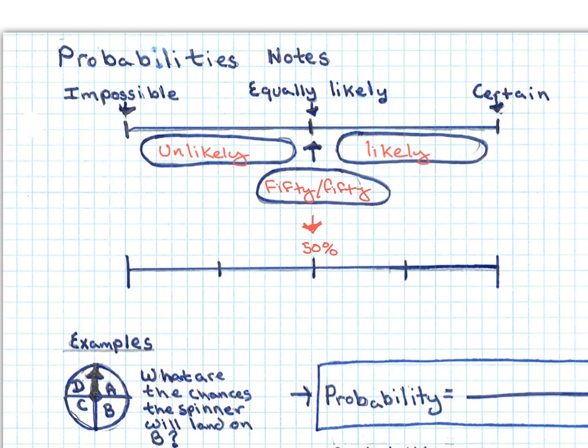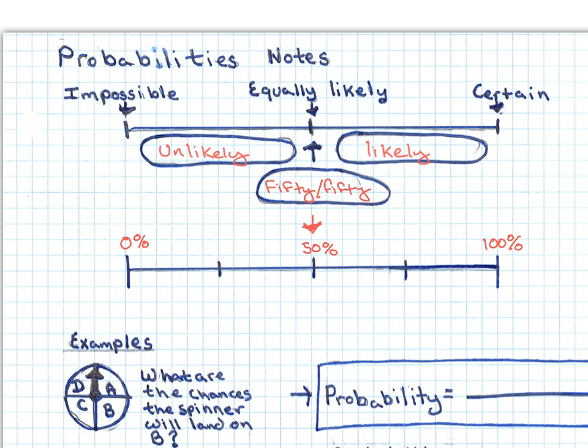So if something is equally likely to happen, it has a 50% chance of happening. If it's impossible, 0% chance. And if it's certain, we would say it has a 100% chance of happening.